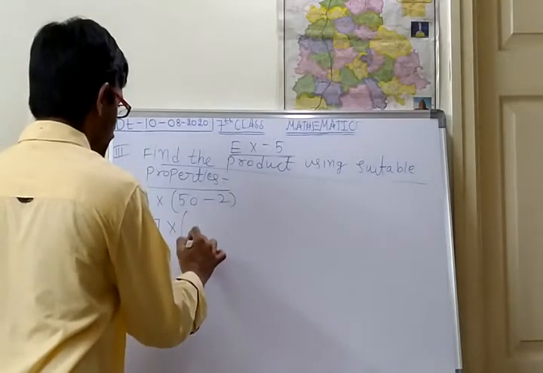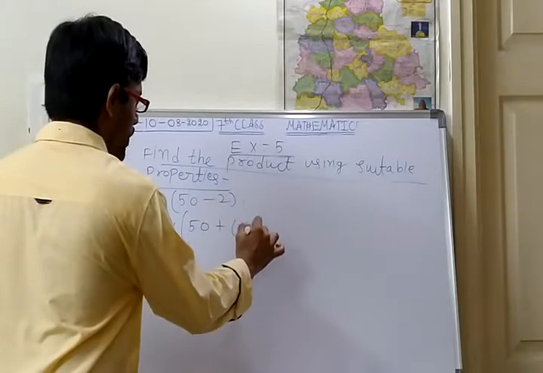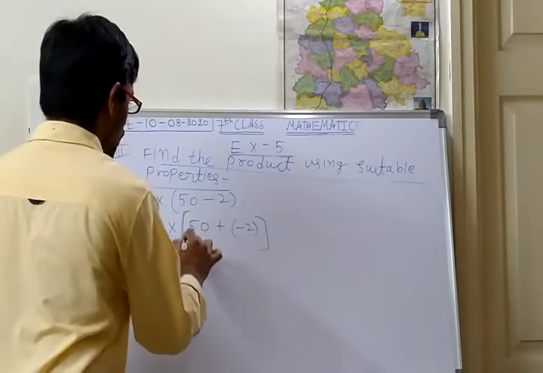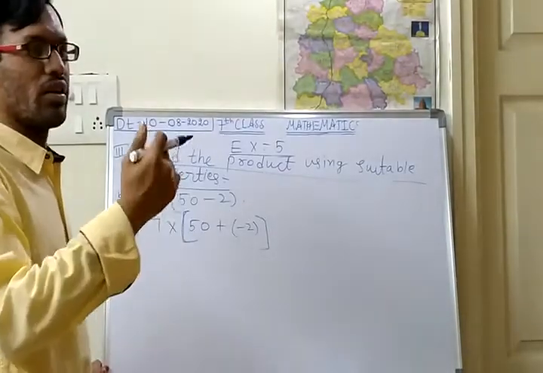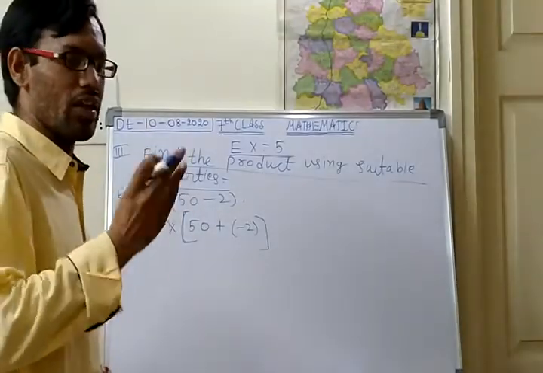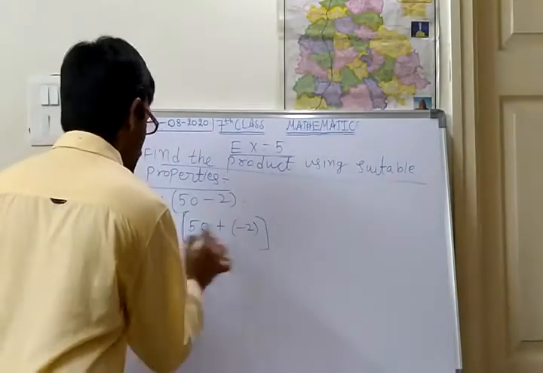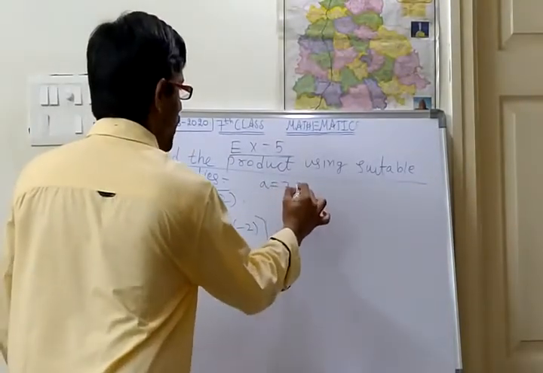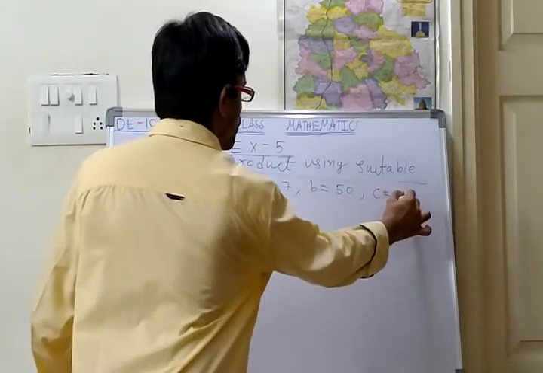7 into 50 plus of minus 2. Any type of integer we have to take. The number may be either positive or negative or 0. So here A is equal to 7, B is equal to 50, and C is equal to minus 2.